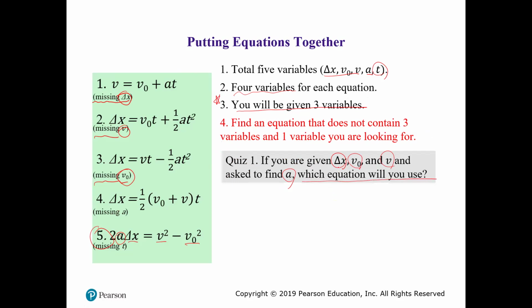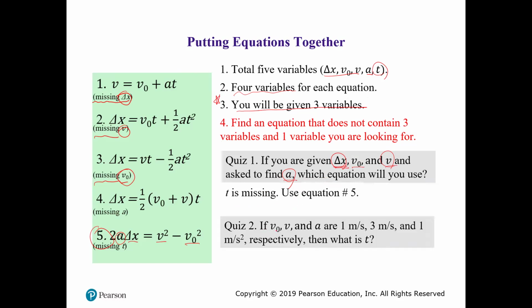You're interested in these four parameters, and basically, what is the missing parameter? It is the time. So then you've got to use equation number 5, right? T is missing, use equation number 5.